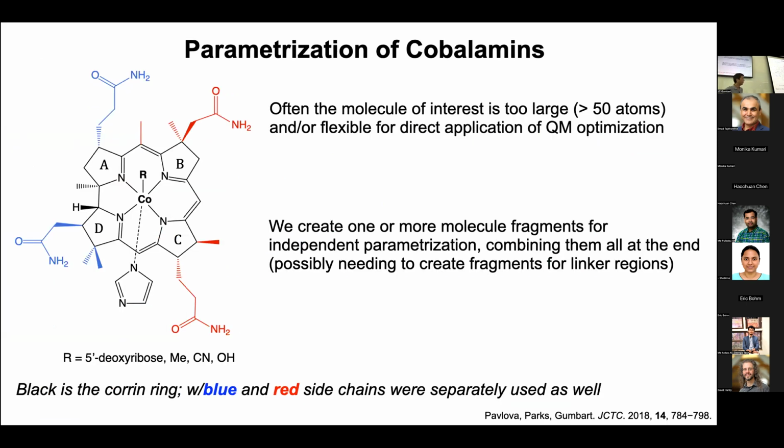Okay. So, looking at our cobalamin, again, we're already breaking it down now into a simpler and simpler form. In particular, like cutting off these side chains, they just add complexity for our QM calculation, and they're pretty simple chemical moieties. So if you plug this into the CGenFF web server, it will give you low penalties for these.